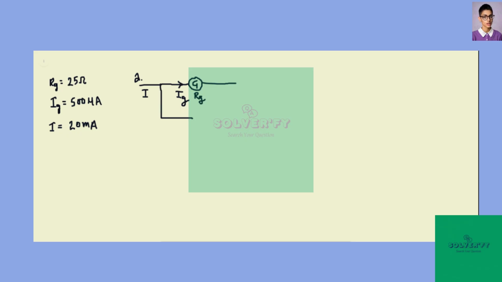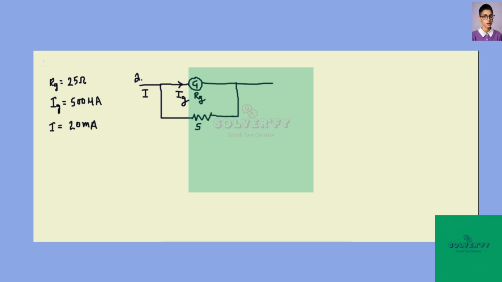Since we need to divert more current, we need a very low resistance, and that low resistance is called a shunt, and it is denoted by S. So by using a shunt we can divert the current, and we can have only very low current flowing through the galvanometer, and we can finally measure what I is by looking at Ig.